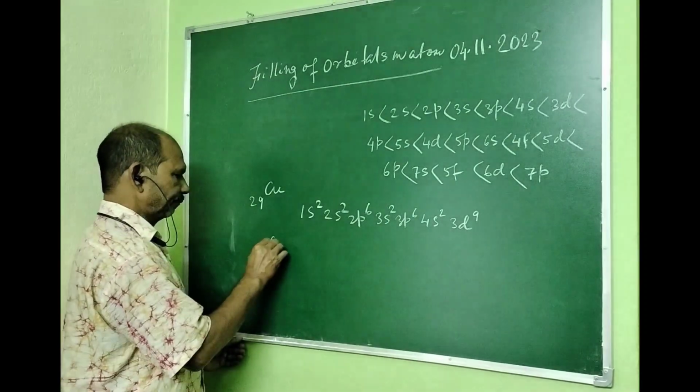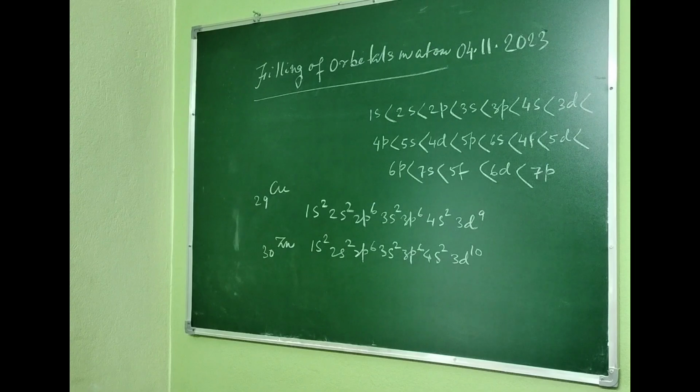Similarly for zinc, we call copper a transition element but not zinc. Why? You see the electronic configuration of copper, the ground state electronic configuration of copper is argon core 4s2, 3d9. That means the 3d subshell is partially filled.